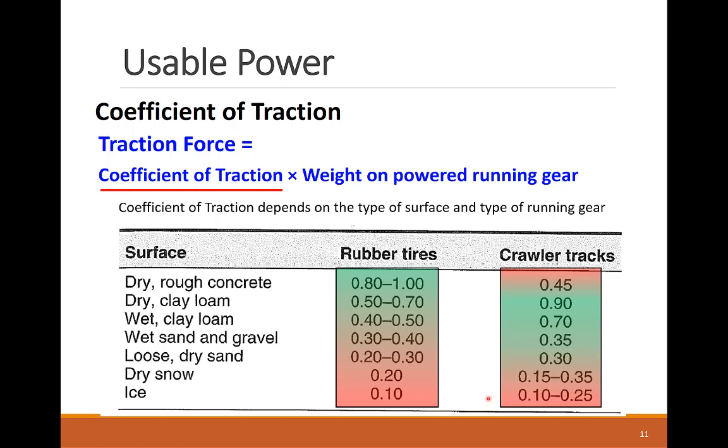For wheeled equipment with tires, the best traction is achieved on dry, rough concrete, and then it decreases when the surface gets wet and loose. For crawler equipment, it is better to use it on a rough, dry soil surface, not concrete. Regardless of the traction, it is not recommended to use crawler equipment on hard surfaces like asphalt or concrete, as cracks will damage the surface over time.